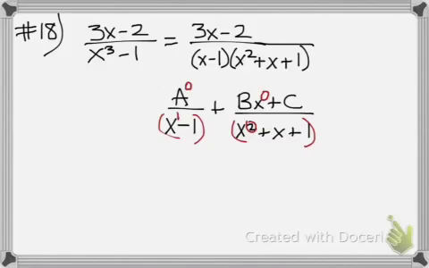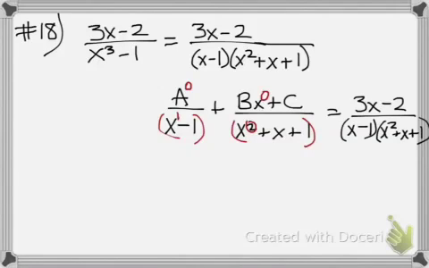So when we break this down, we have A over x minus 1 plus (Bx + C) over (x squared + x + 1), and that is all going to be equal to (3x - 2) over (x - 1)(x squared + x + 1). So we're going to multiply everything by (x - 1)(x squared + x + 1), and then we'll cancel out.